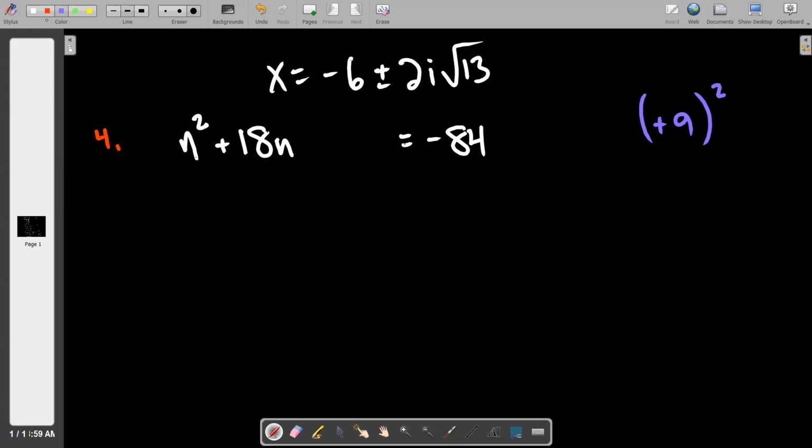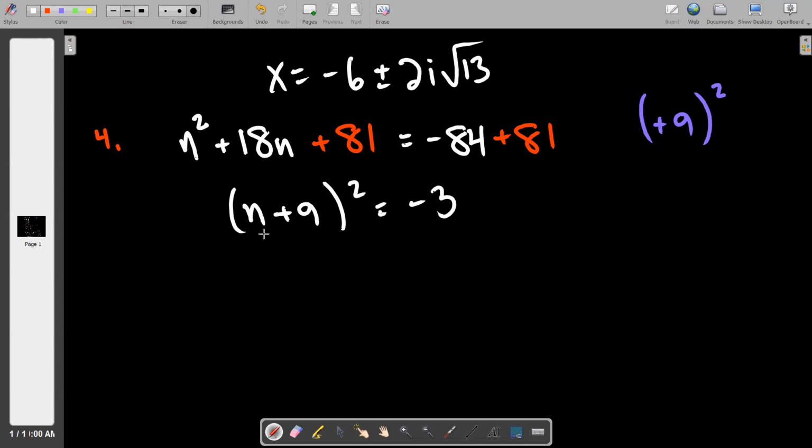Square that, you get 81. Can already tell we're going to need an I, right? So let's factor down the left side into n plus 9 squared. What's negative 84 plus 81? Negative 3. We don't have quite enough plus to get back to 0, but we got close, negative 3.